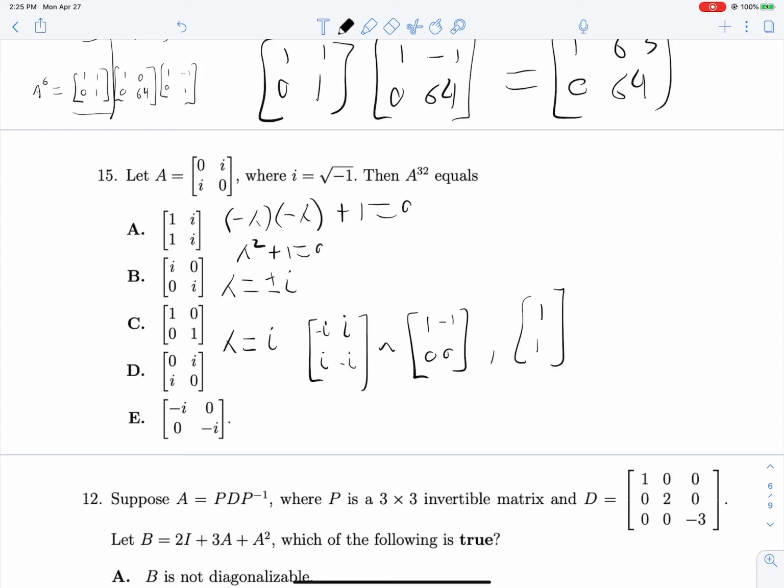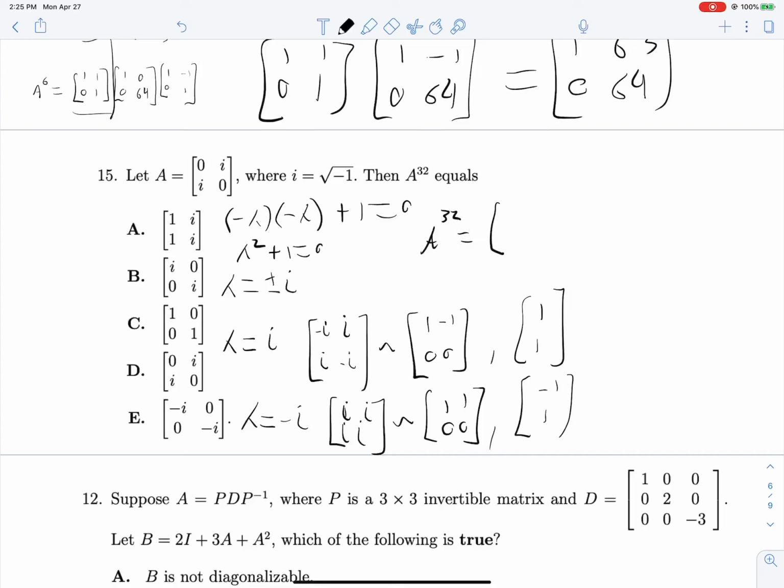Additionally, for lambda equal to negative i, we will get i, simplifying down to 1, 1, 0, 0, so we get an eigenvector of negative 1, 1. So as a result, we can write pretty much everything out. We know that A to the 32 is equal to P, which is 1, 1, negative 1, 1. And then we need to order our eigenvectors correctly, so we'll have i, 0, 0, i to the 32nd multiplied by P inverse.